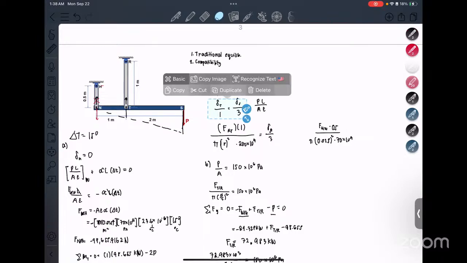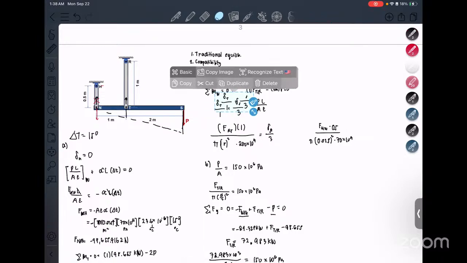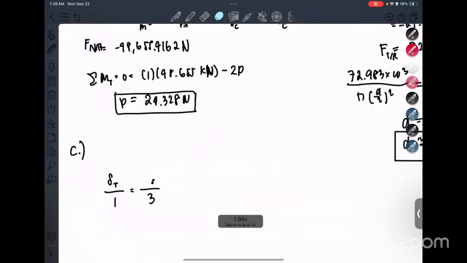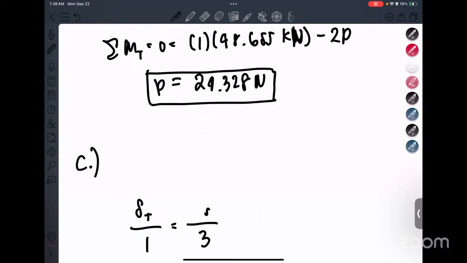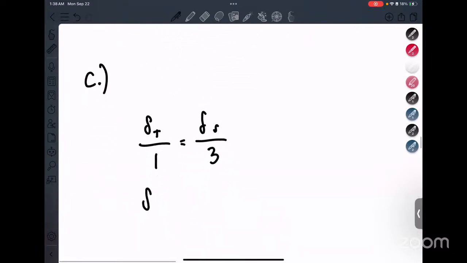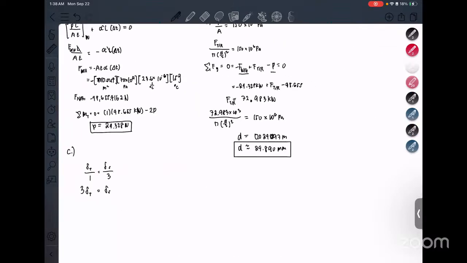Ito. Right? Rearranging this is equal to, so we can get the deformation or the delta T, and then we can find delta S from there.